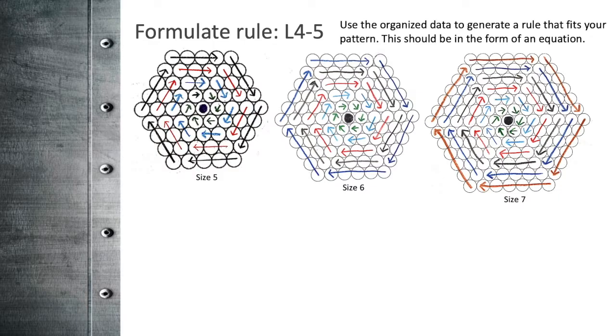Each side is represented with an arrow, and the length of the arrow, or the number of circles that each arrow encompasses, is always the same for each arrow with the same color. And that number is always increasing by 1 for each layer as we go out. Each side of the third layer has 1 more circle in each side compared to the second layer. Right? So that is how we can interpret this pattern.